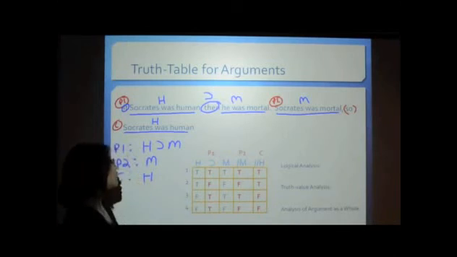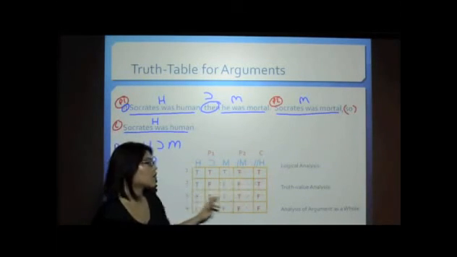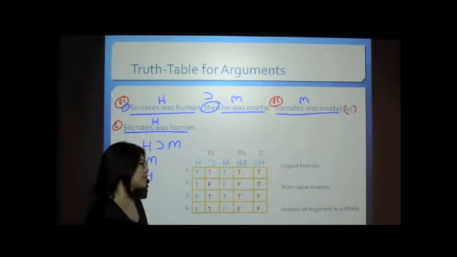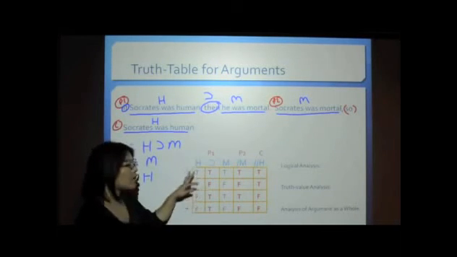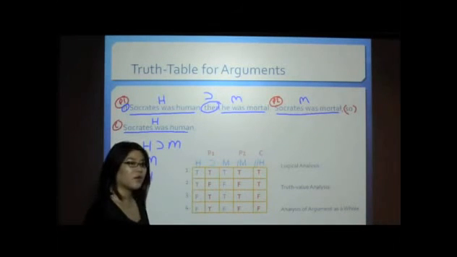So now that we've done the truth table for the entire argument, once again, you can figure out properties of the statements as well as relationships between the premises, the conclusions, or among the premises. However, I don't want to worry about that here. I want us to see if we can figure out whether or not this argument is valid or invalid.